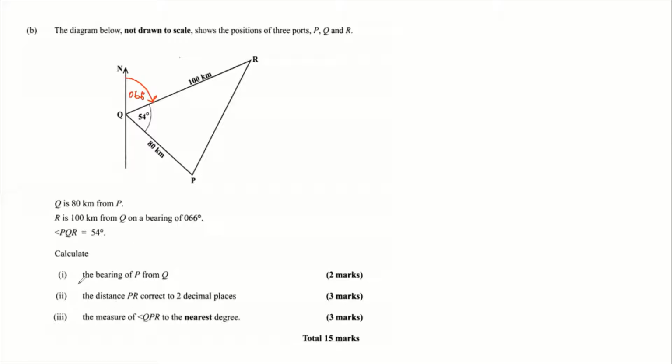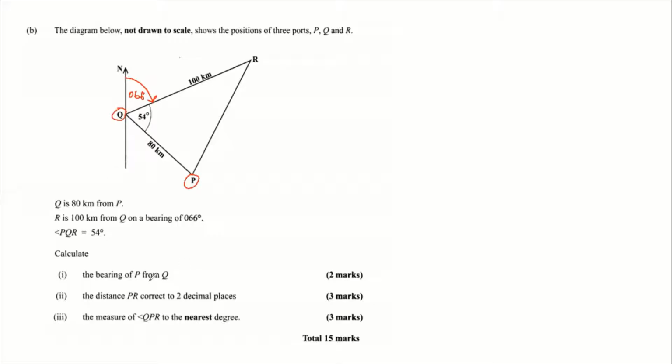And they are asking us to determine the bearing of P from Q. So they want us to determine the bearing of P from a point Q. Right? So these are the 2 points that we are interested in, point P and point Q. They want us to determine the bearing.